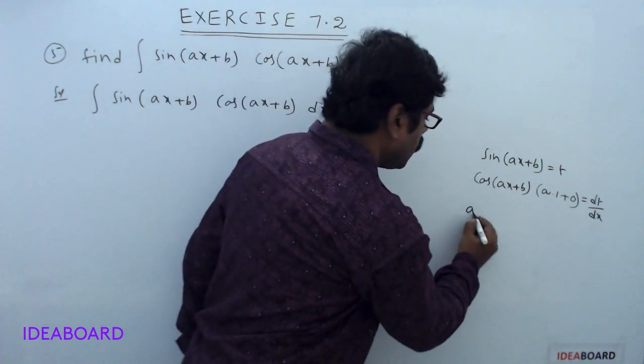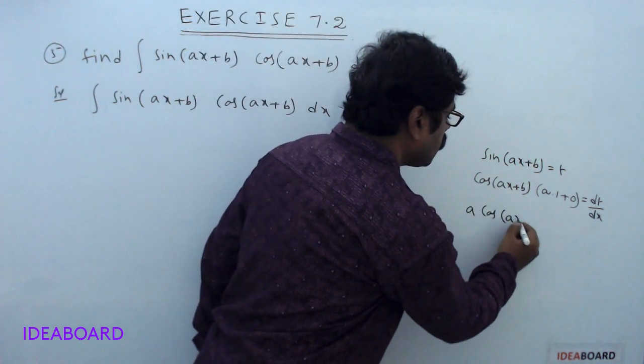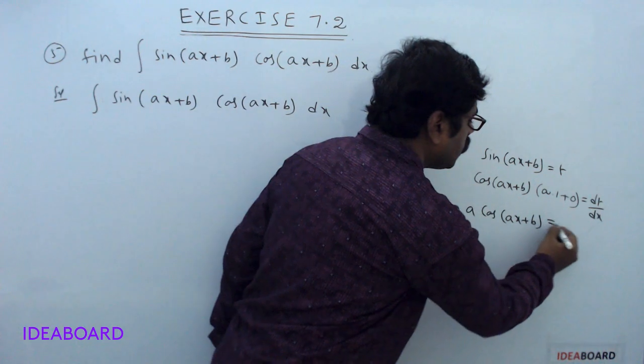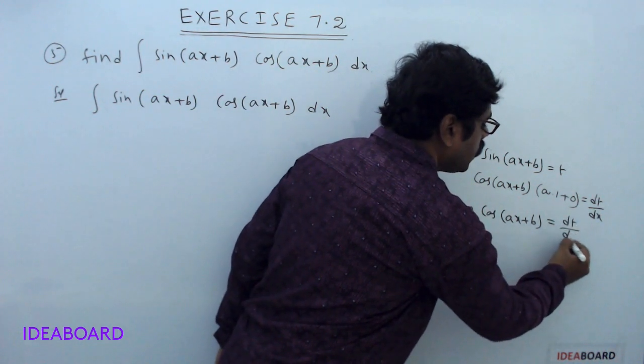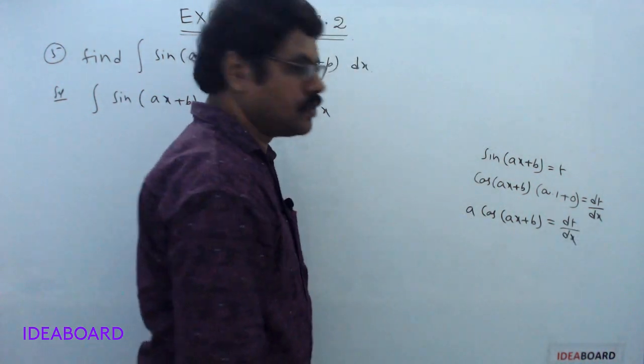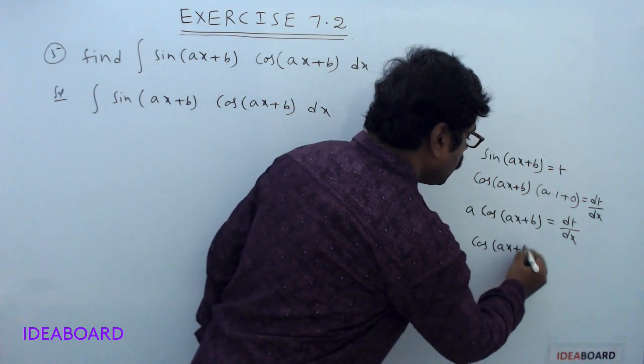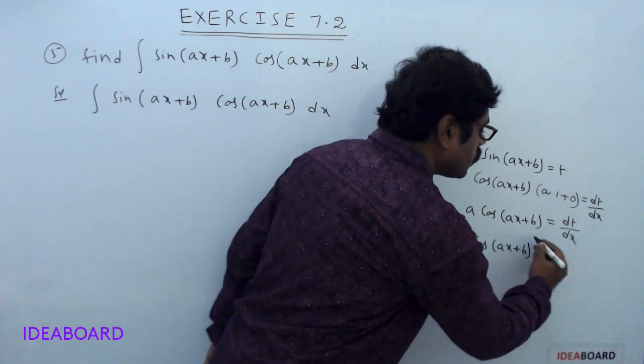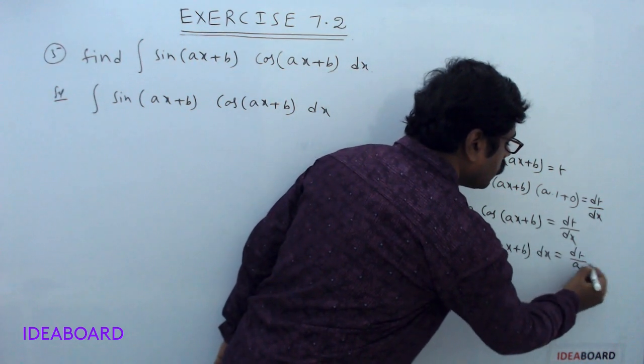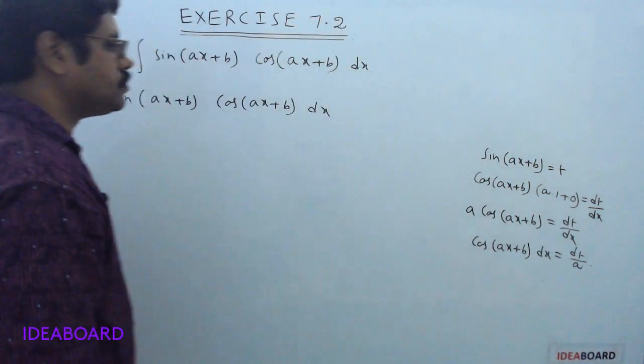So from this, a into cos of ax plus b equals dt divided by dx. Now once again, cos of ax plus b into dx equals dt divided by a.